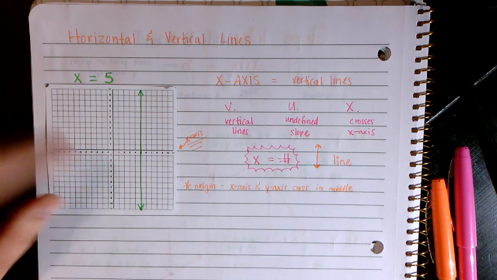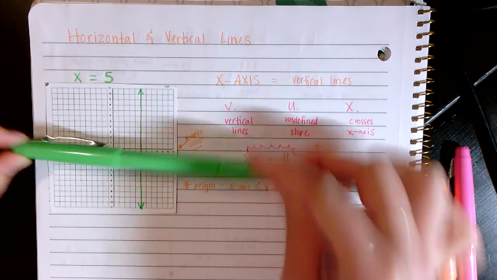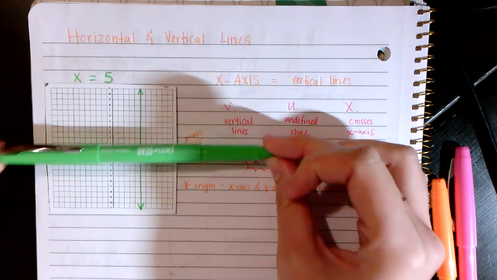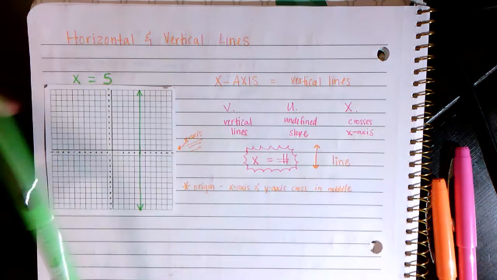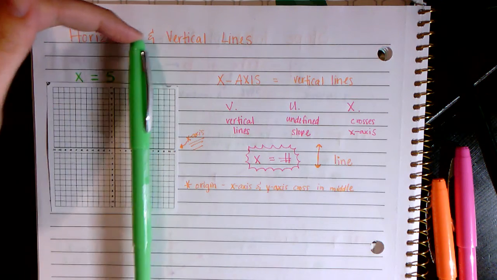Remember, I know that it's confusing because the x-axis runs horizontally, but yet we're making a vertical line. But remember, this is the x-axis. All of the x values on that axis are tick marks that run up and down.